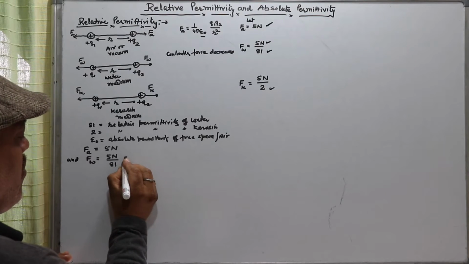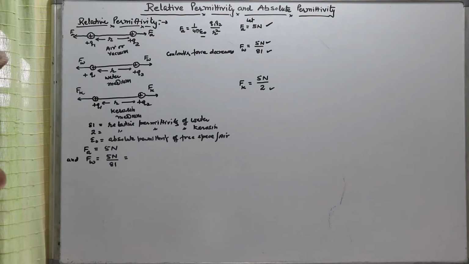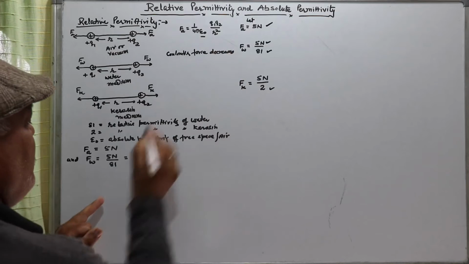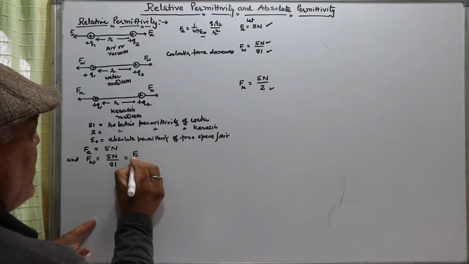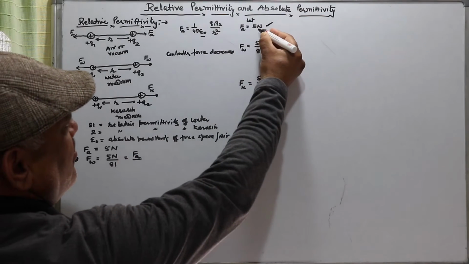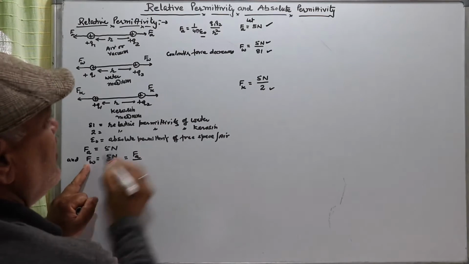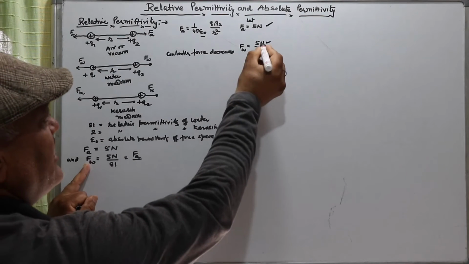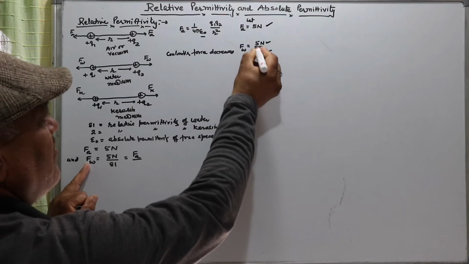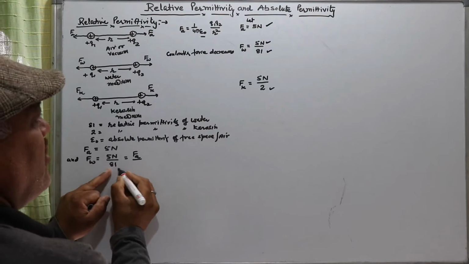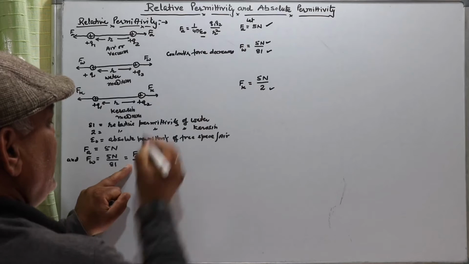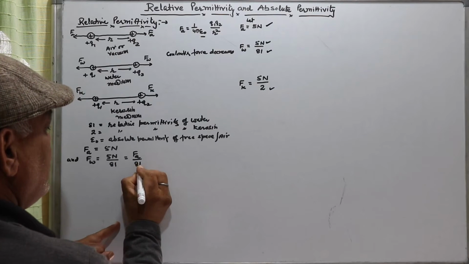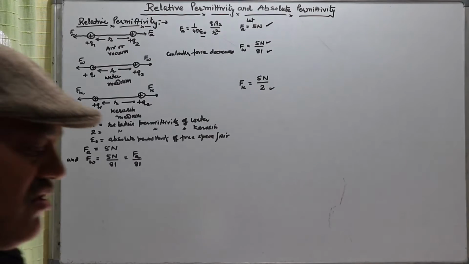Now, what is the 5 Newton? 5 Newton is Fa. Fw means Coulomb force between the charges when placed in water. It is 5 Newton upon 81. Now, what is 5 Newton? Fa. 5 Newton is Fa upon 81.